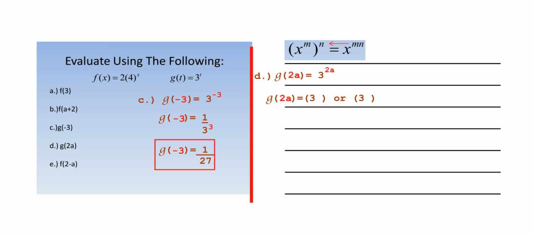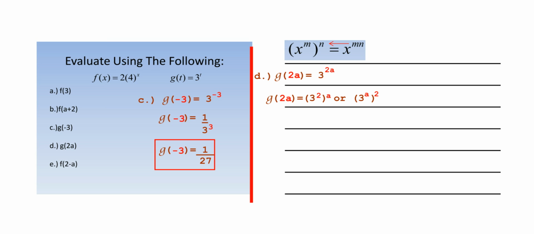So we have G of 2a, and we can write this as 3 to the power of 2 and then to the power of a, or we can space this out in the form of saying 3 to the power of a and then to the power of 2.